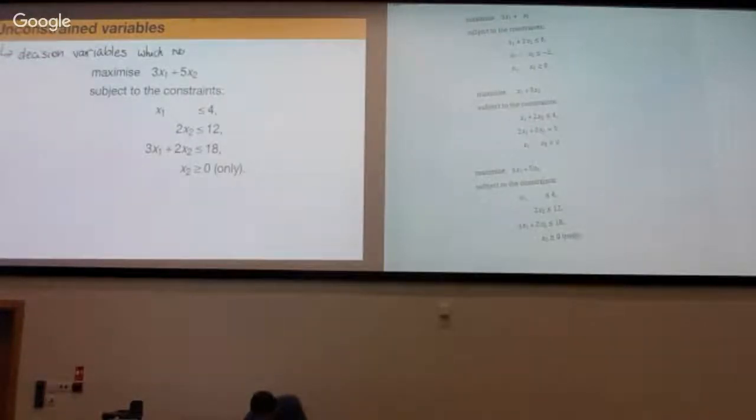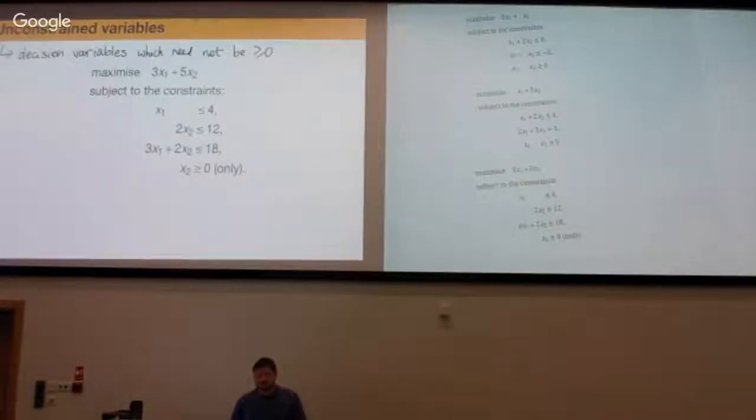Okay, so in the examples we've seen, we usually wanted all the decision variables to be greater than or equal to 0, but sometimes you don't mind. So there are practical examples of problems like this.